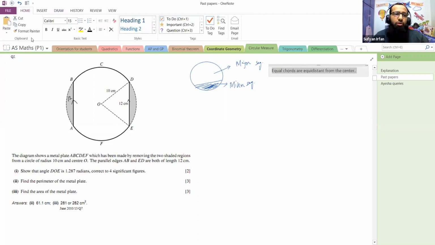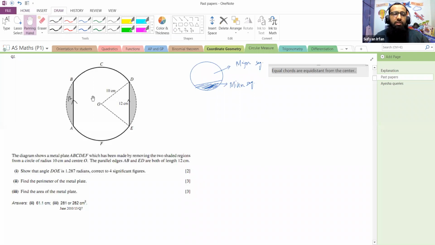So if both chords are 12 centimeters, their distance from the center will also be the same. O to ED and O to AB will be the same. Another thing is that we can join O and B, and then join O and A.